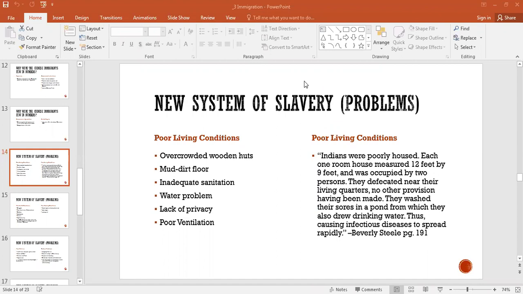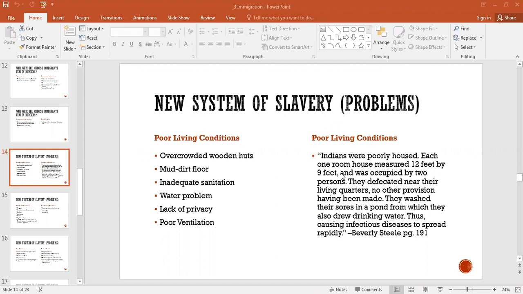So ladies, this description by Beverly Steele of how the Indians lived in Grenada was not only a specific example from Grenada. It was right across the Caribbean. The housing was usually one room, 12 feet by 9.